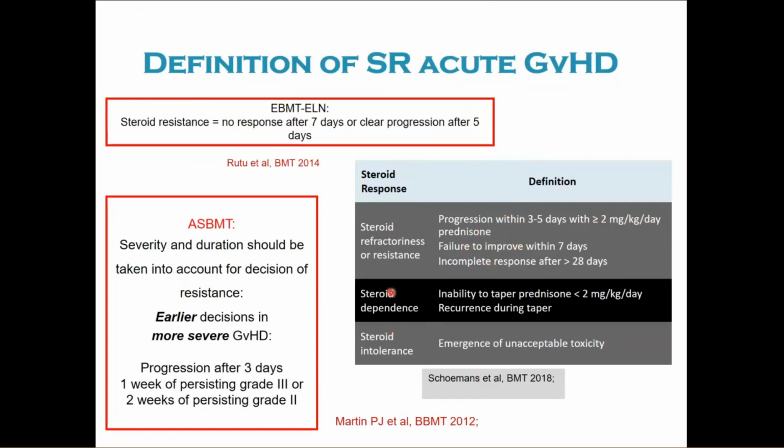Steroid dependence means that you are not able to taper prednisone, or the GVHD flare occurs during taper of steroids. And steroid intolerance means that there is unacceptable toxicity due to the steroids.